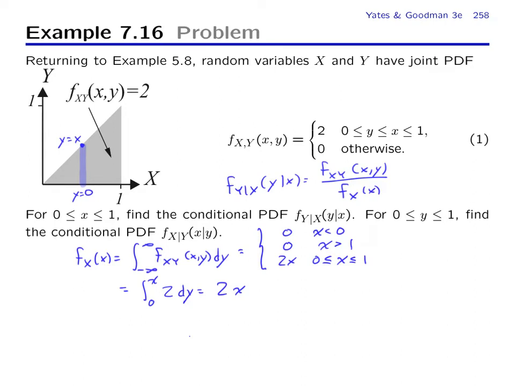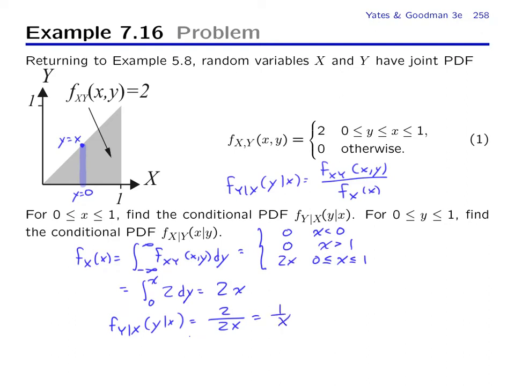So now for each x between 0 and 1, we can use our definition of the conditional PDF of y given x, the joint PDF over the marginal PDF of x. Here we have the joint PDF, here we have the marginal PDF, and we obtain f of y given x of y given x is equal to 2 over 2x, equal to 1 over x.